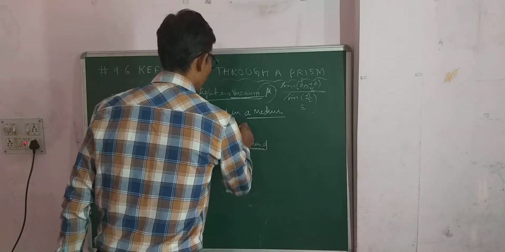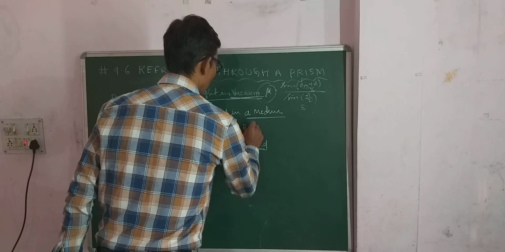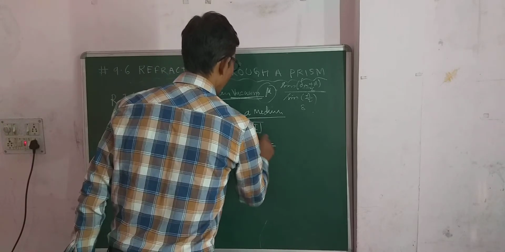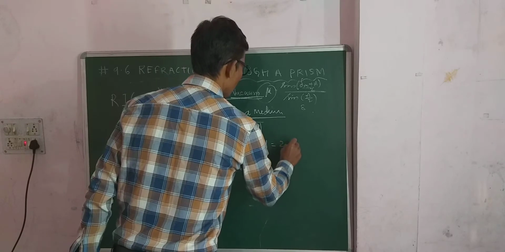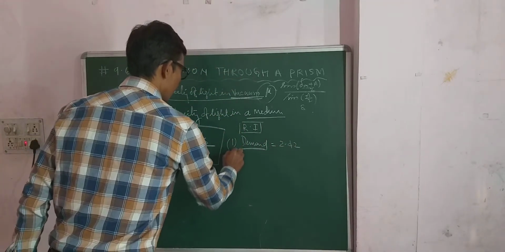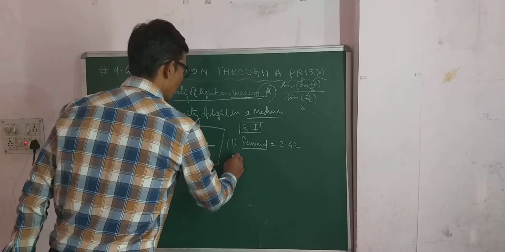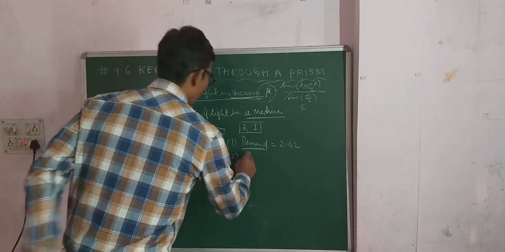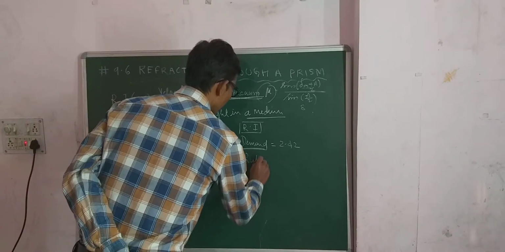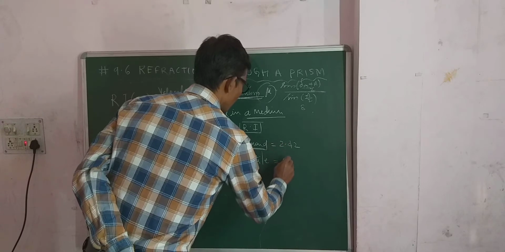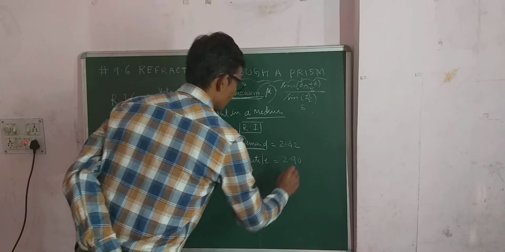Suppose that we find out the refractive index. The refractive index for the diamond is 2.42, and for the rutile it is also greater, that is 2.90.